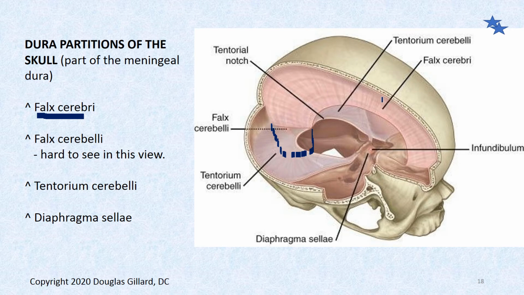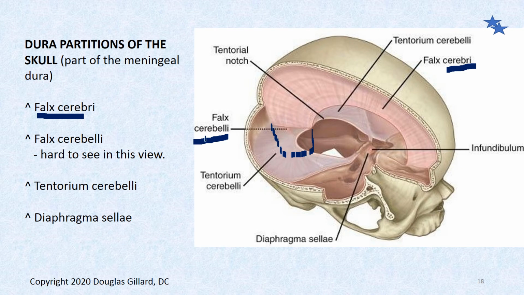So we have the falx cerebri is this one. They get confused all the time. Hope I didn't get confused already. But cerebri is the shark fin that separates the right and left hemispheres apart. Okay, so the word falx means it's going to separate right and left. So falx cerebri separates the right and left hemispheres of the brain.